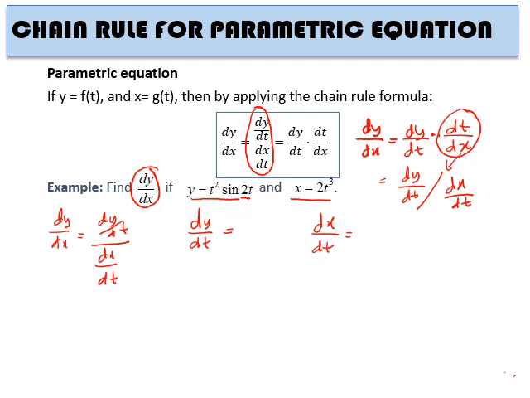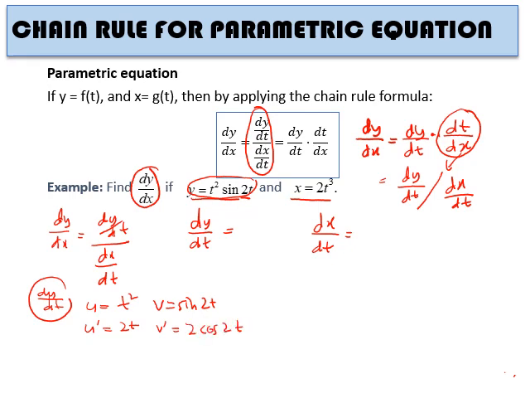So what is dy over dt here? I have to solve this one, so we need to use the product rule. For dy over dt, u is equal to t squared, v is equal to sine 2t. So u prime must be equal to 2t, v prime must be equal to 2 cos 2t.